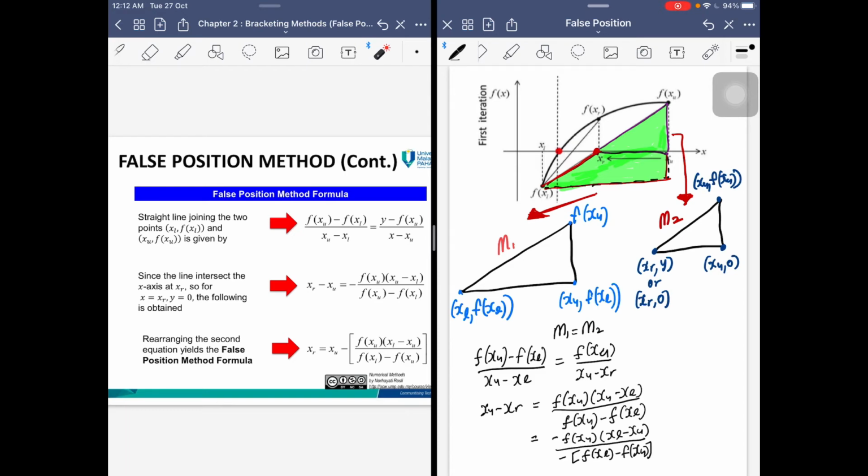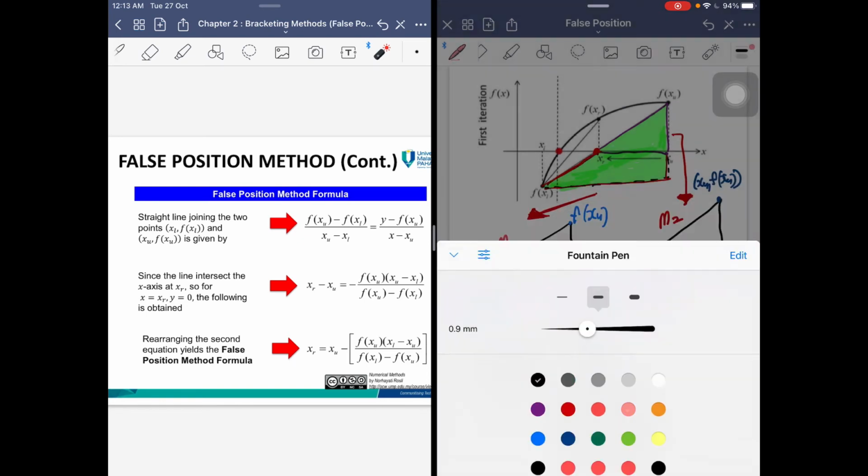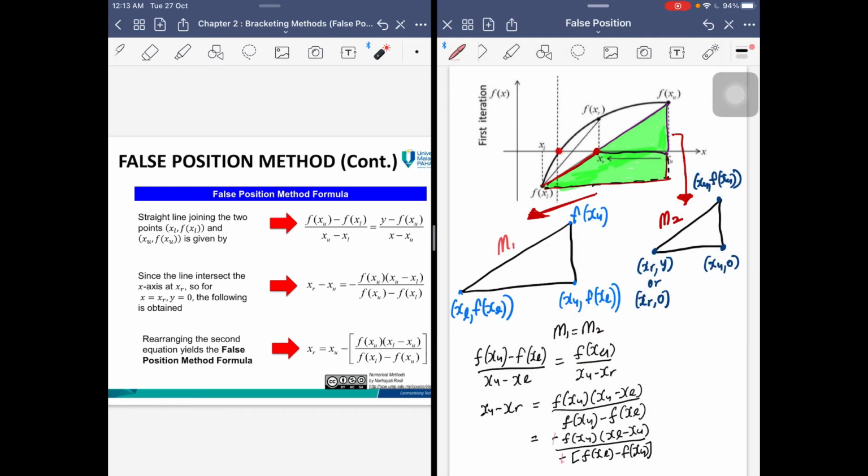Then the negatives cancel off. So now what I have is SU minus SR equal to FSU times SL minus SU divided by FSL minus FSU.